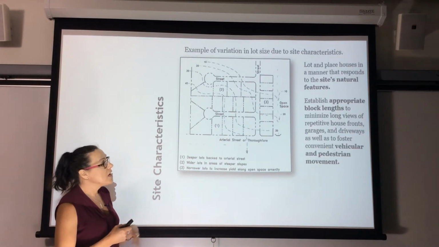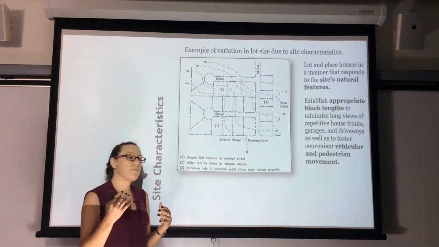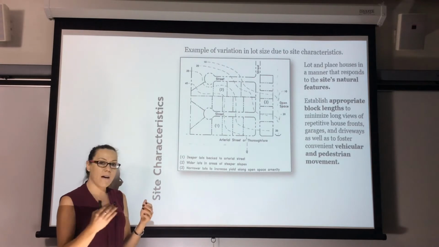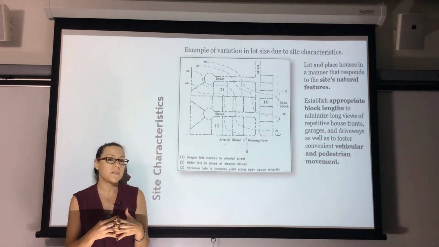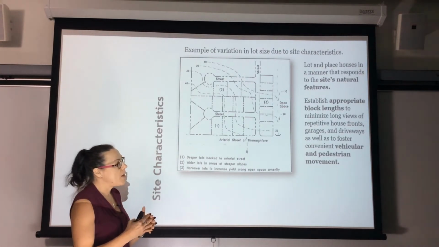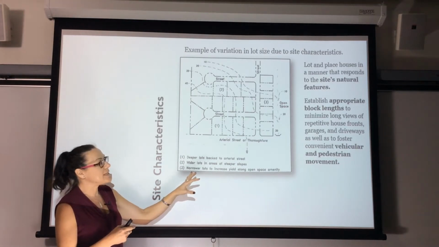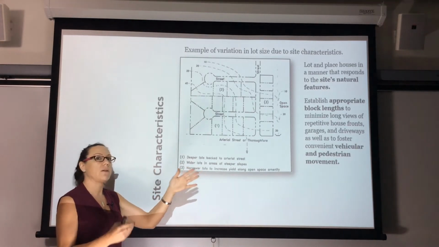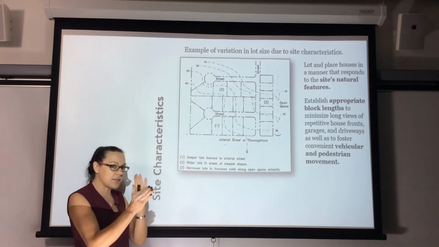The other thing is some developments have grid-like patterns for subdivisions. That actually changed back in the day because they didn't want long distance views of just a long street and then house, house, house, house.